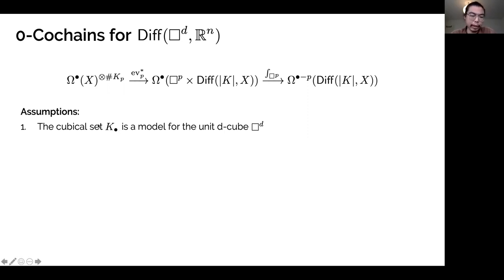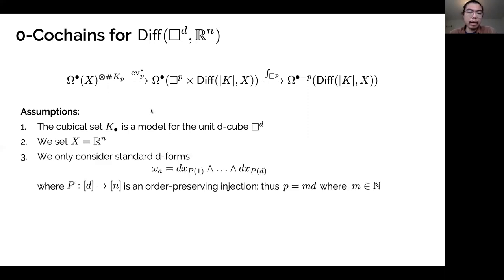So we're going to be placing some assumptions on the types of zero cochains we're going to be looking at. In particular, we're taking K to just be the standard cubical set model for the unit D cube. We set X to be just Euclidean space. And we also restrict ourselves to looking at standard D forms to coincide with the case of the path space monomials.